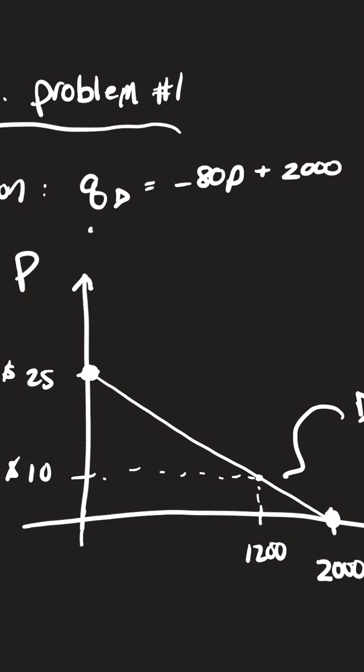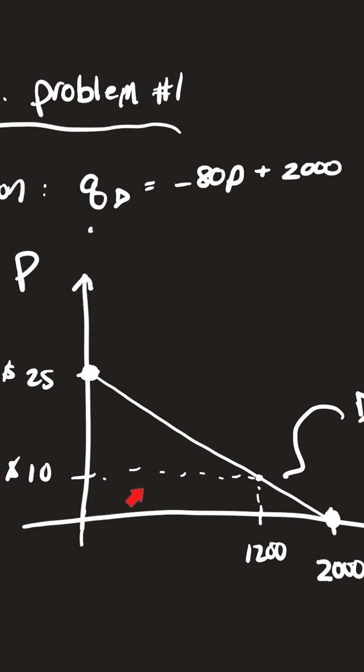So if we want to find the valuation of all 1,200 units, we would have to find the area under the demand curve. So think of adding up the valuation of not only the 1,200th unit, but also the 1,199th, 1,198th, the 1,000th, the second, the third, right?